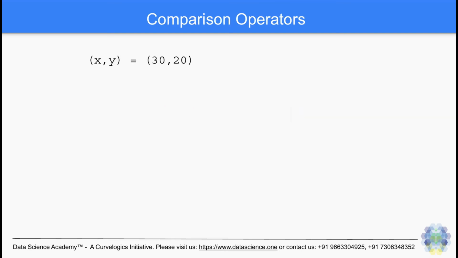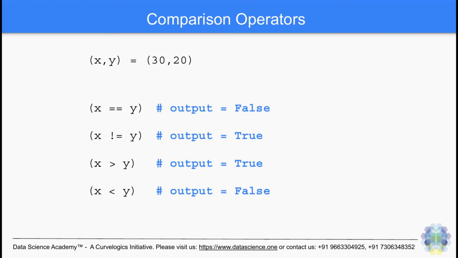Within Python, we can also compare two values. To check whether two values are equal, we use the double equal sign as the operator. Pay attention, a single equal sign is used to assign values to variables. When we want to check whether two variables are not equal, we use a combination of exclamation and equal sign. The greater than sign and less than sign are used to check for inequality between two variables.